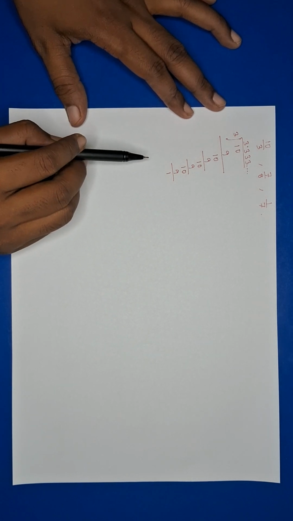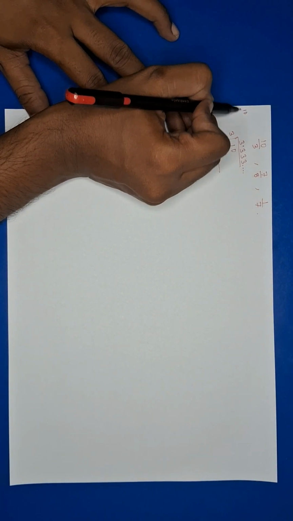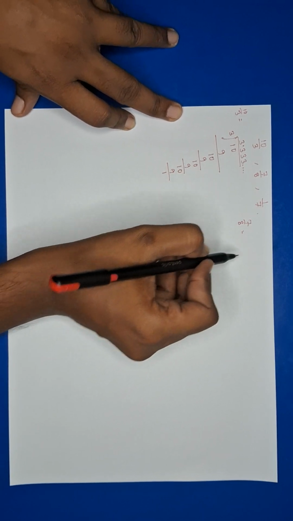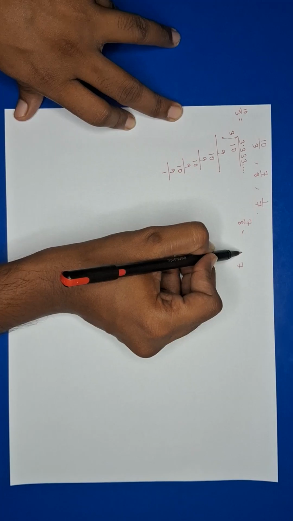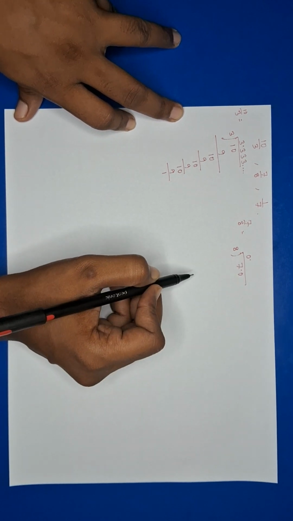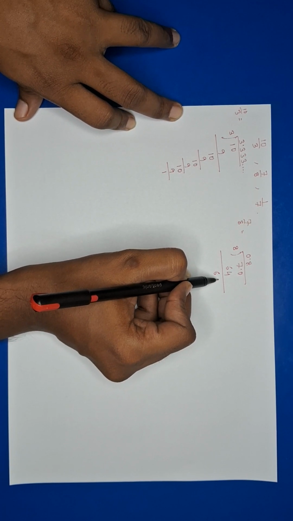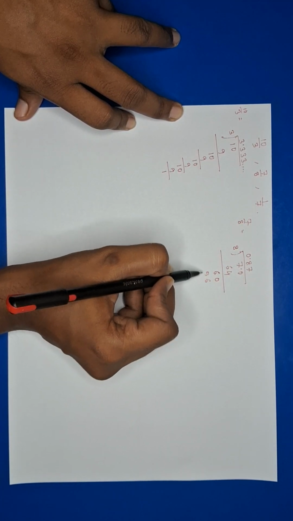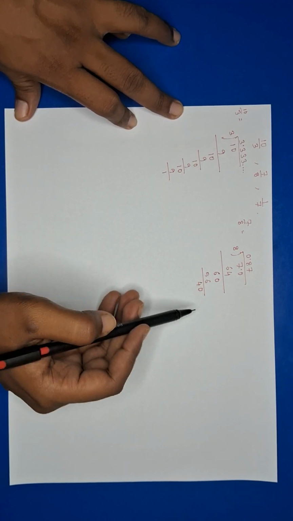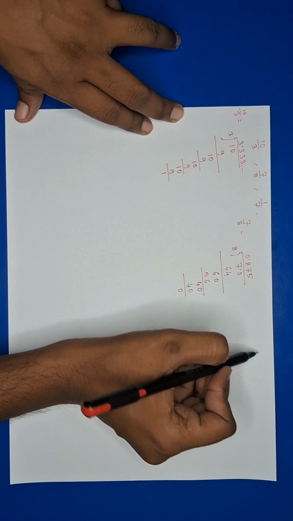You will find that remainder 1 will come for each and every step. And now comes 7 by 8. Now comes 1 by 7.